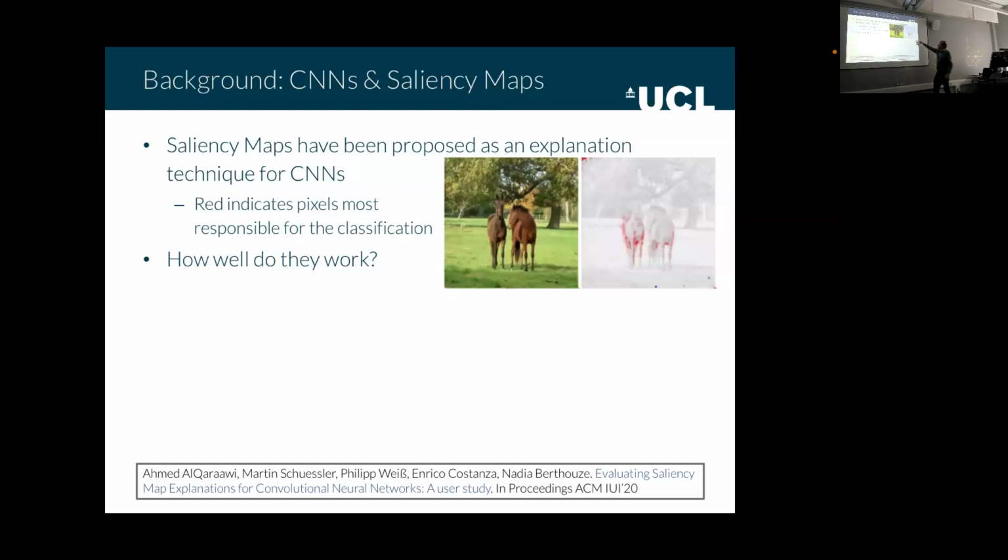Basically, these pixels are the ones that are considered to be most important for the system to classify this image as containing a horse. In this case, you can see that the head of the horse, which is what perhaps a person would use, is not at all used, but instead the model seems to, according to this explanation at least, pay attention to pixels on the legs and around the torso of the horse.